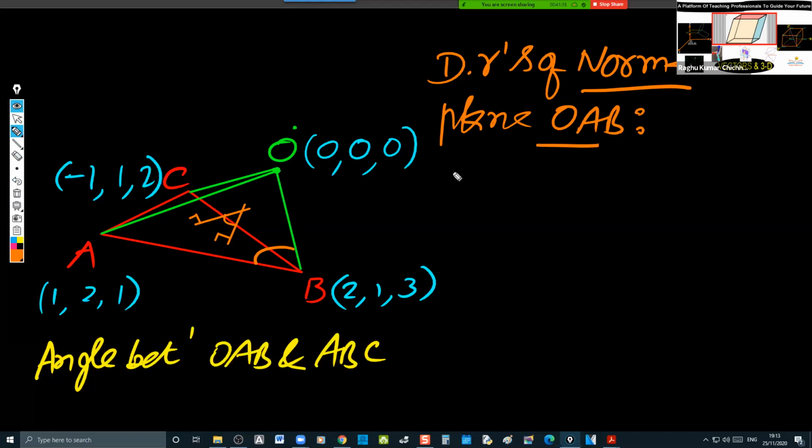So what is OA bar cross OB bar? Whatever is needed, I need only the OA. OA means 1, 2, 1. OB means 2, 1, 3.